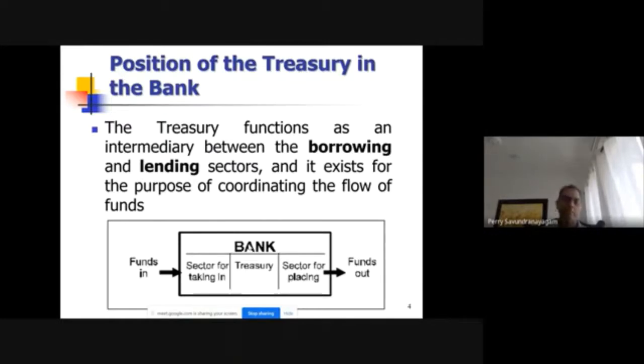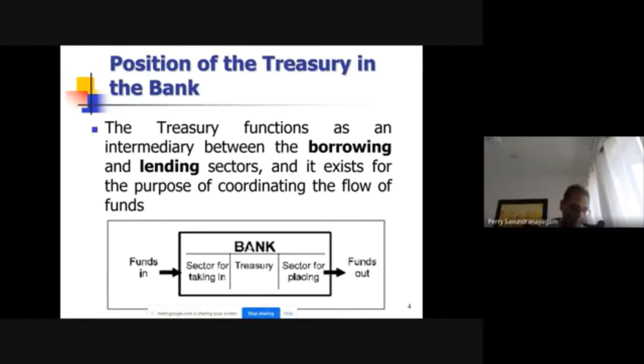As we said at the beginning, banks are built on a basic concept of borrowing and lending. Borrowers do not necessarily go to lenders on a one-on-one basis, because there are elements of trust, accessibility to the market, and the quantum they want, which they may not be able to get from one lender.